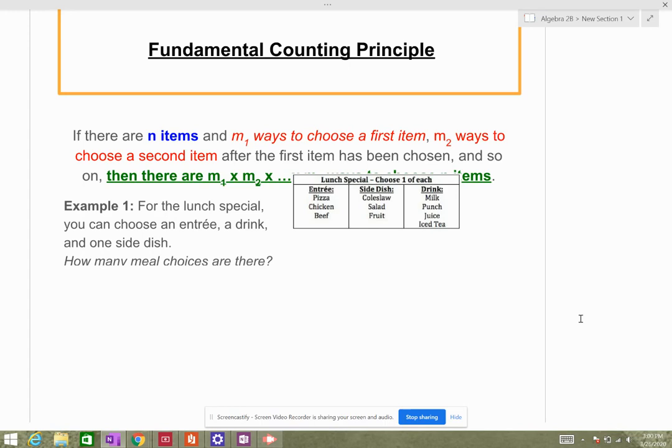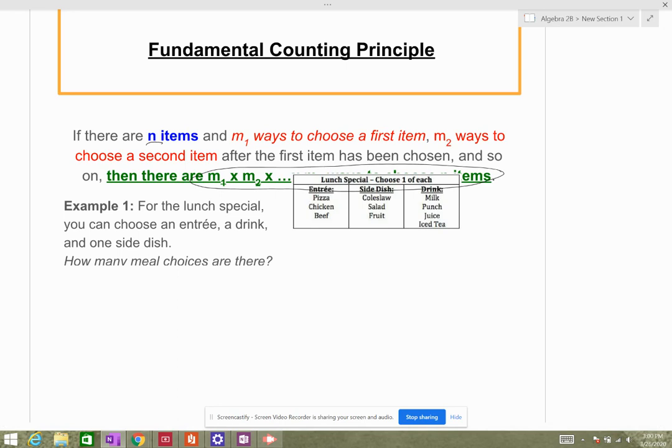The fundamental counting principle says that if there's a total of n items, and there's a certain amount of ways that you could choose each set of the items, you can take those amount of options and just multiply them to get the total number of combinations. For this one, one option would be to actually write out all the different combinations.